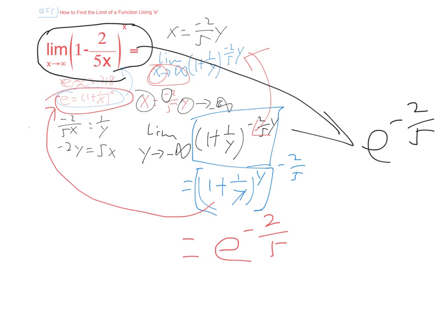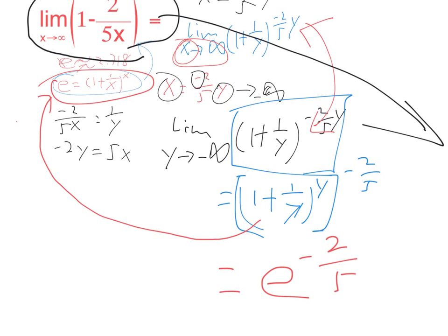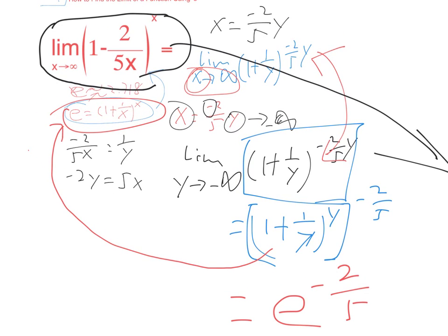And let's go back to the question I posed at the beginning of the video, where I said the reason why I do this step, negative 2 over 5x equals 1 over y. The reason why we assume that is because I want to replace the formula here with the formula here.